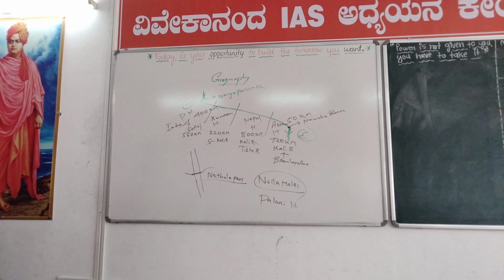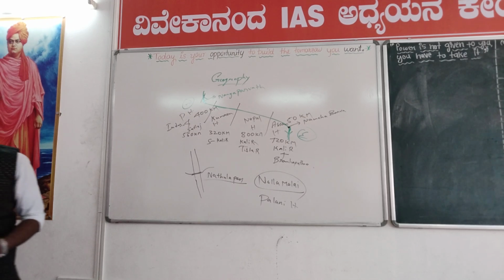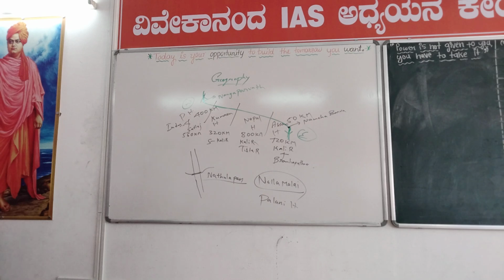Because most of the Himalayan rivers drain towards the Bay of Bengal. That's why the eastern coast has more delta. Himalayan rivers means long flowing, perennial rivers, not seasonal. So they bring a lot of sediments and deposit them in the confluence area. That's why deposition activity is more, and when it deposits sediment, that itself is a delta. Okay.